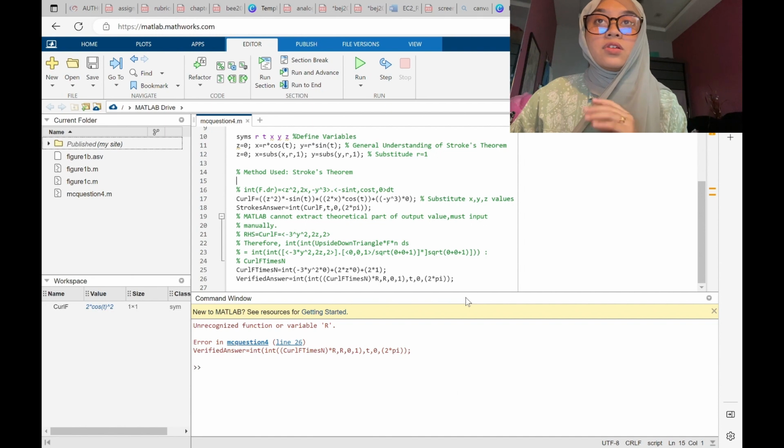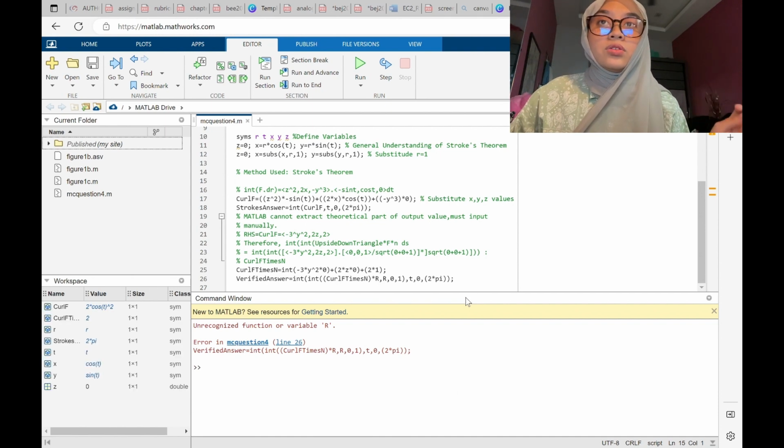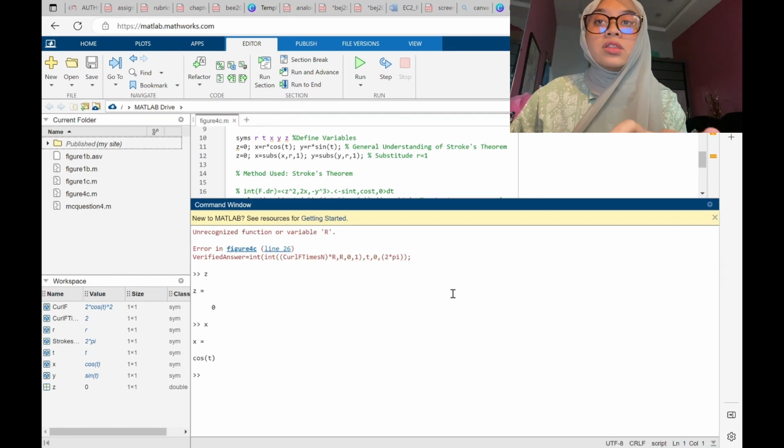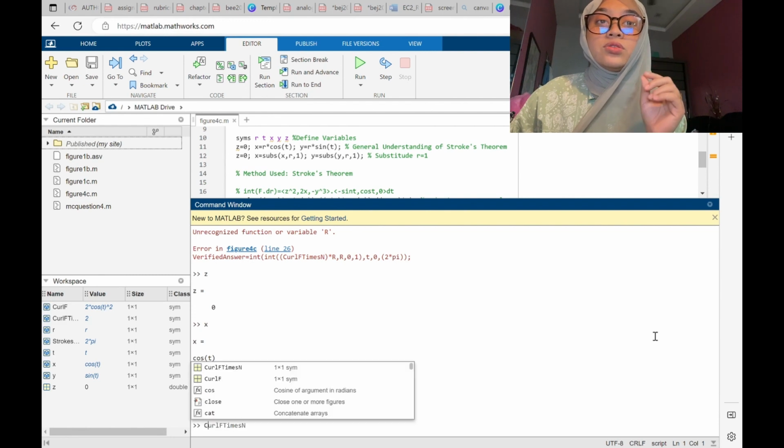After completing the coding, we will run it and get the answer, which is equal to 0.